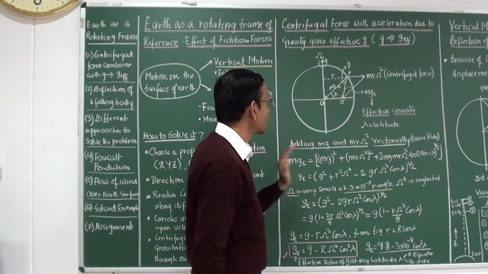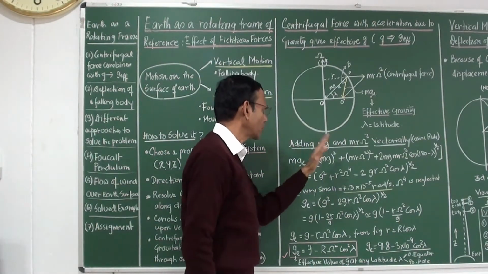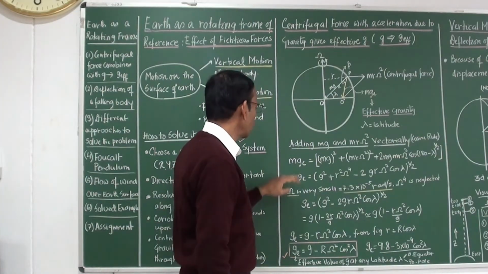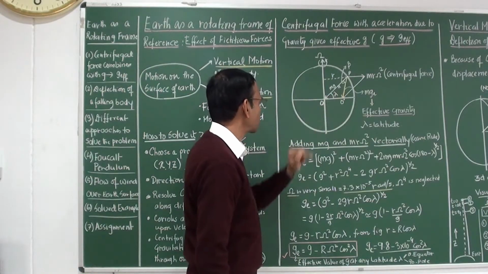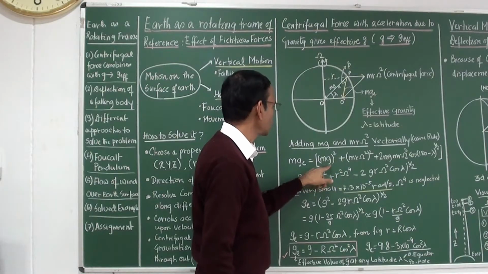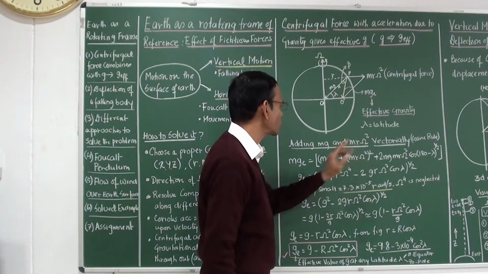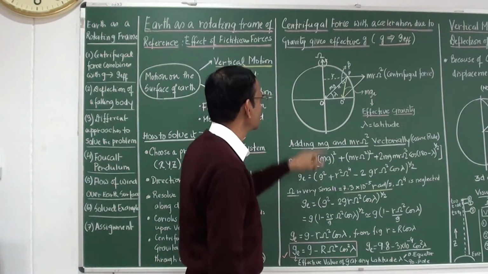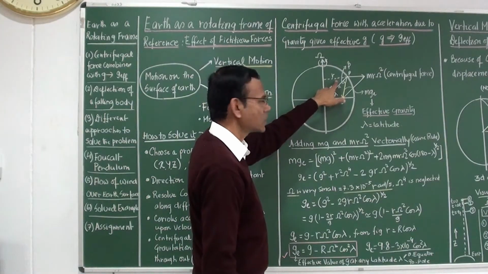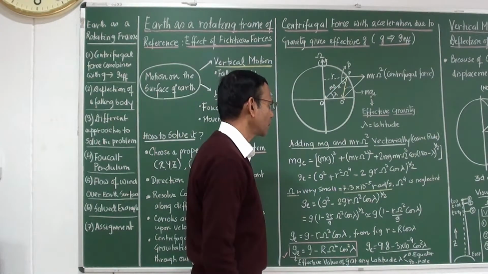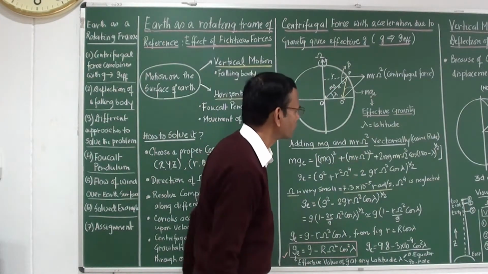So now let us add them mathematically, like vectorially we are adding. Let us see what is the final formula. mg E, my final vector, is the square root of mg square plus mr omega square whole square plus 2 mg mr omega square cos of 180 degree minus lambda. So this is lambda angle. This also is lambda. So this angle is 180 degree minus lambda. This is to the power of half.